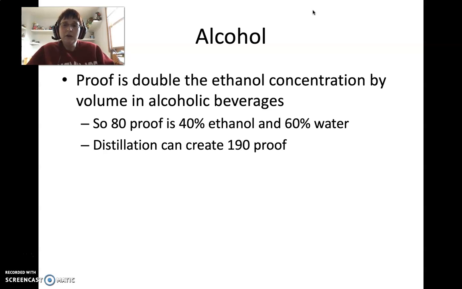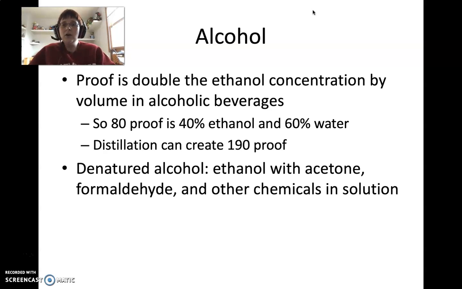Consuming 190 proof is dangerous. It is at a high enough concentration that it can become toxic. Anything that is 190 proof will say on it that you need to cut it, mix it with water or some other liquid like juice, because that proof is too high for direct human consumption.